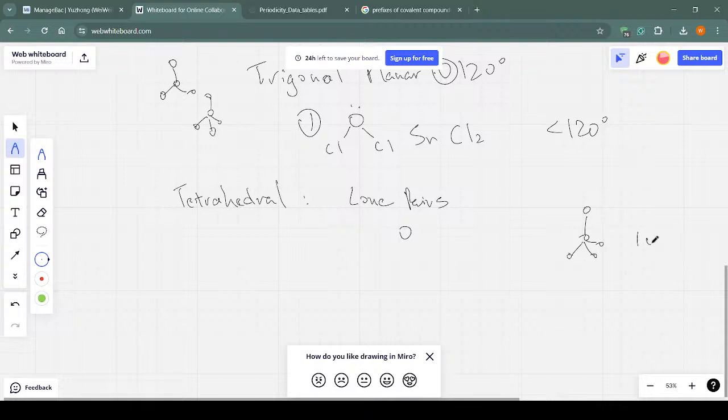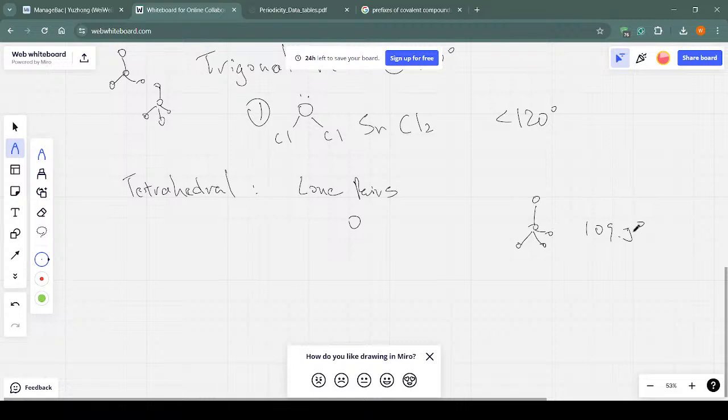That would just be 109.5 degrees. Right? Then if there's 1, it would be something like that, or like that. Then 3 at the bottom. That would be, it's going to be 107 degrees.